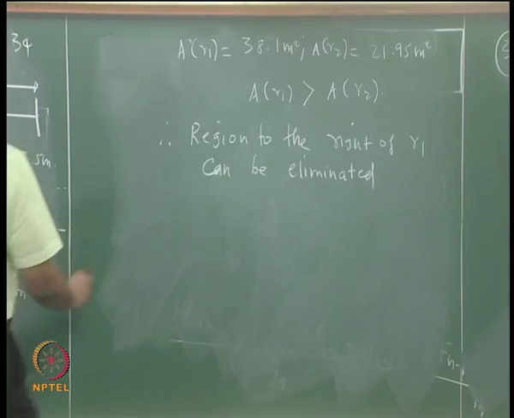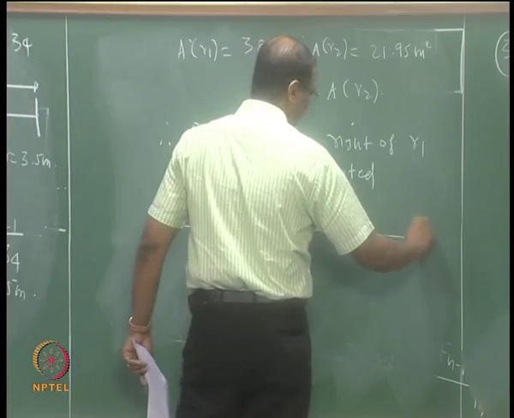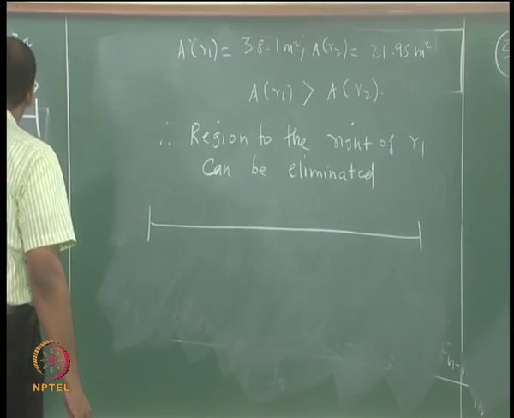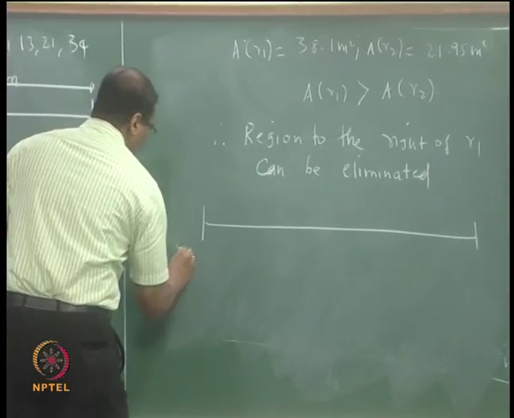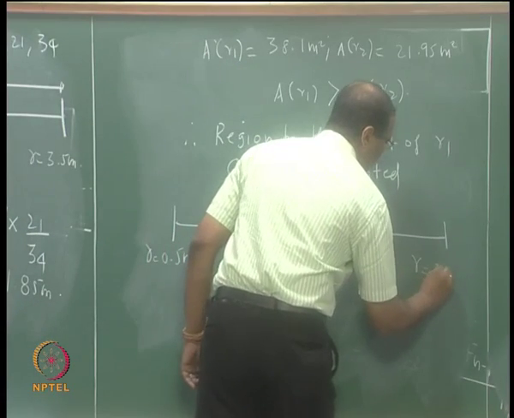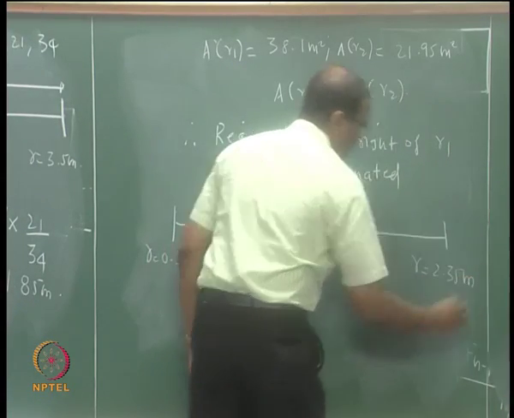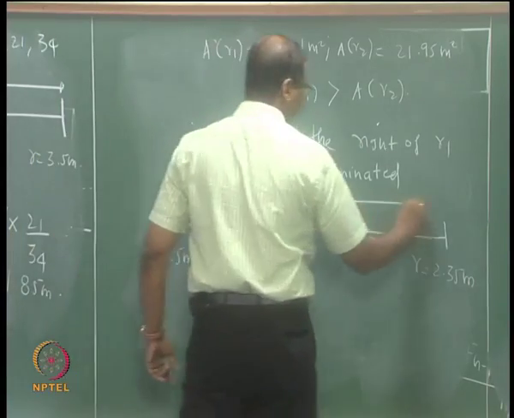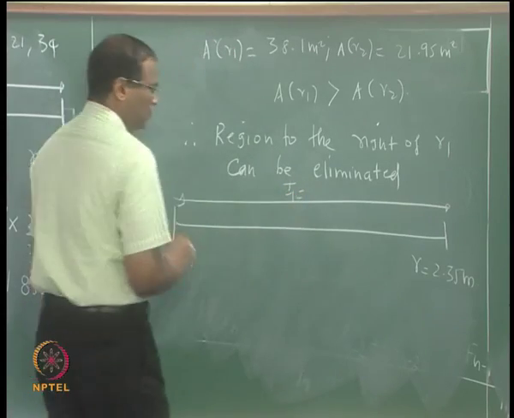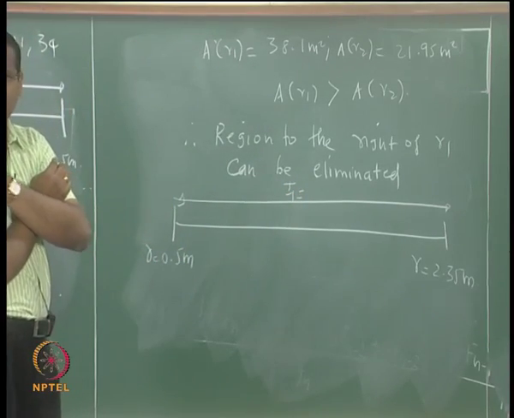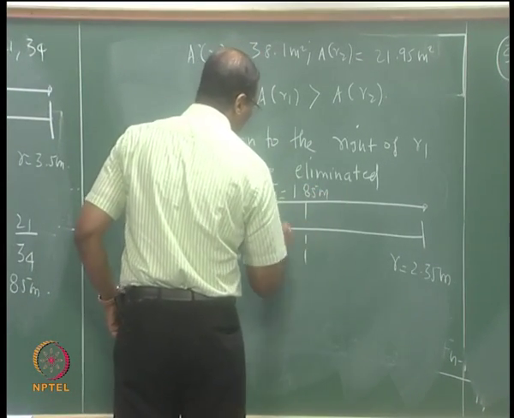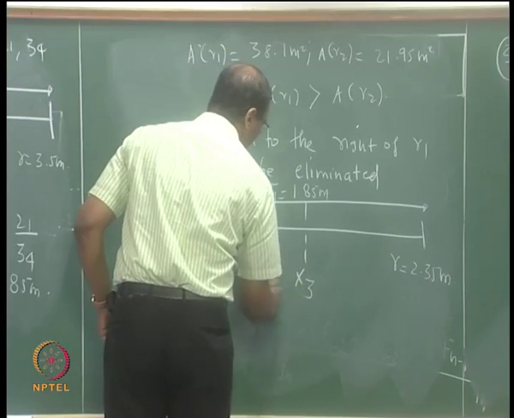Okay. What is the new interval now? To the right of r equal to 2.35. What is I1? 1.85 meter, right? So we now take 2 points x3, x4.